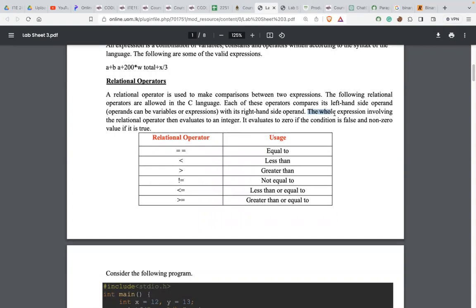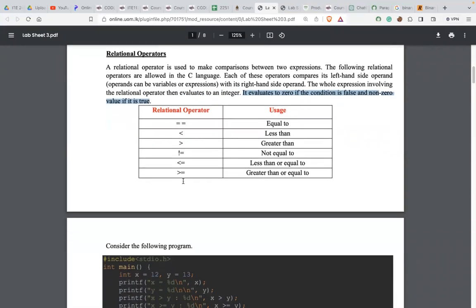The whole expression involving the relational operator evaluates to an integer. It evaluates to 0 if the condition is false and non-zero if the condition is true.